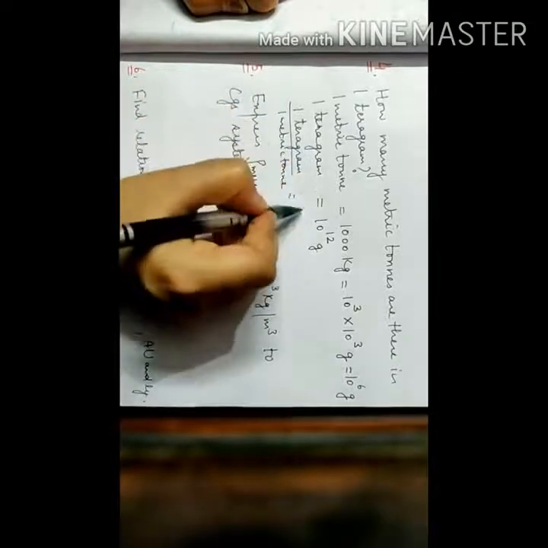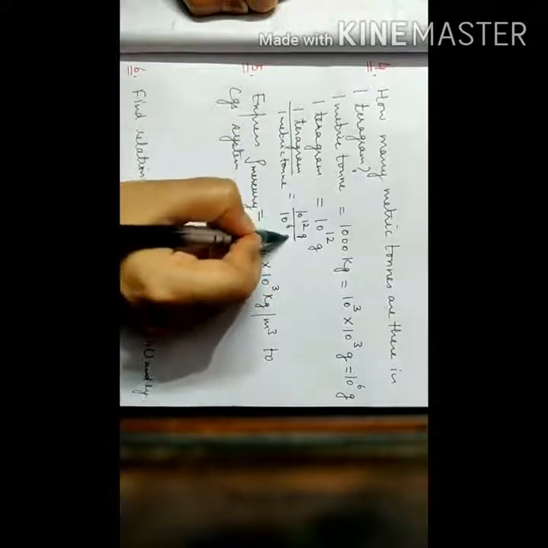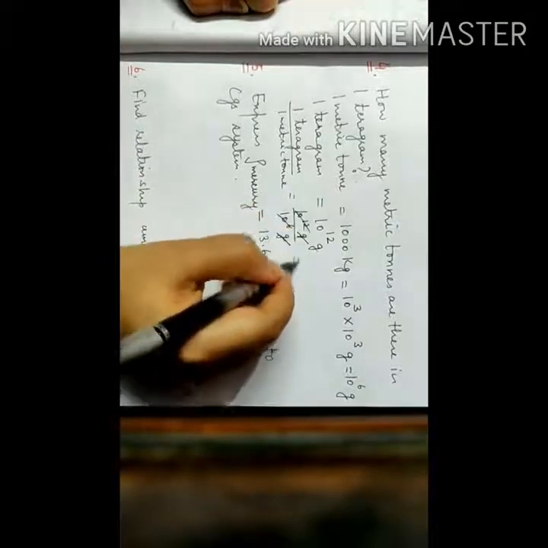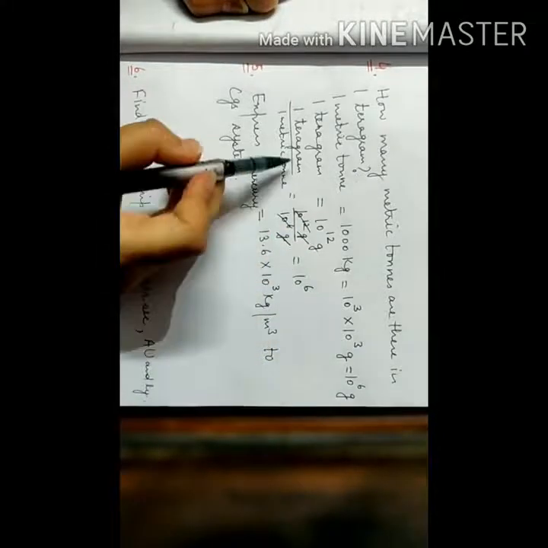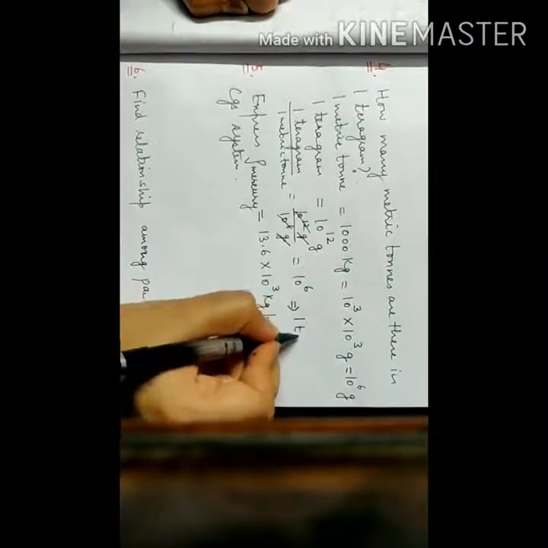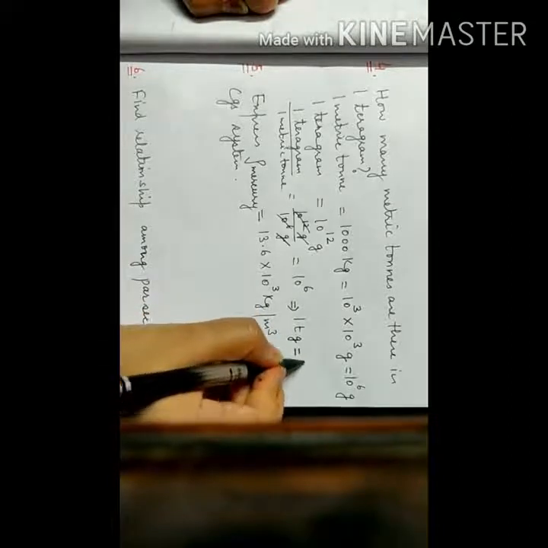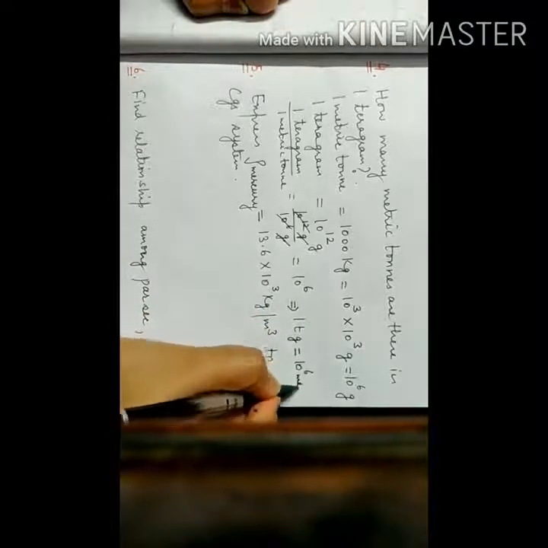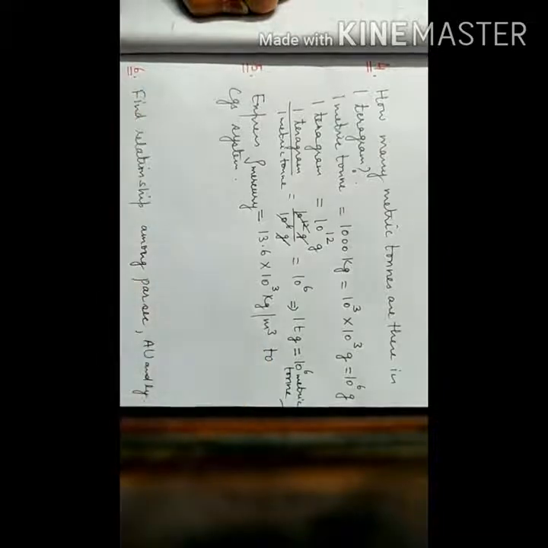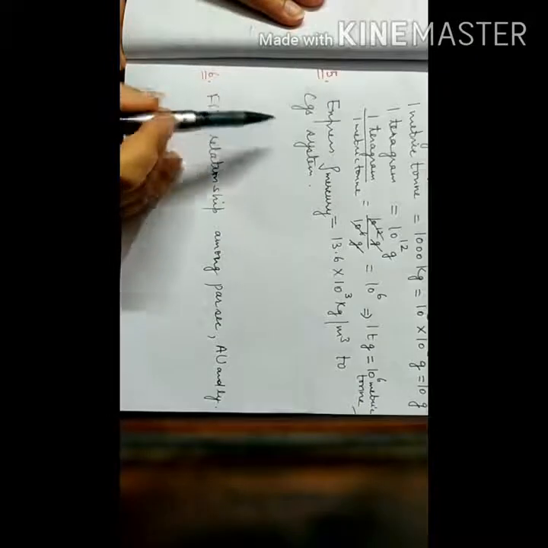Use the values: 1 teragram is 10 to the power 12 gram, 1 metric ton is 10 to the power 6 gram. Unit cancels with unit and we get 10 to the power 6. आप इसको क्रॉस मल्टीप्लाई करके दूसरी तरफ ले जाइए. What will you get? 1 teragram is equal to 10 to the power 6 metric ton.